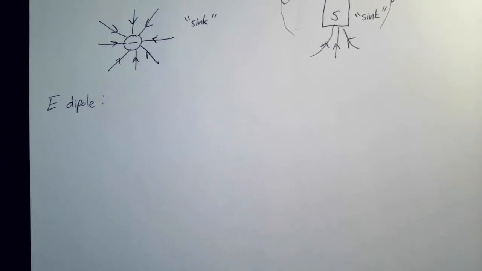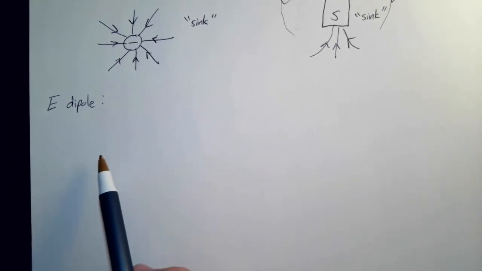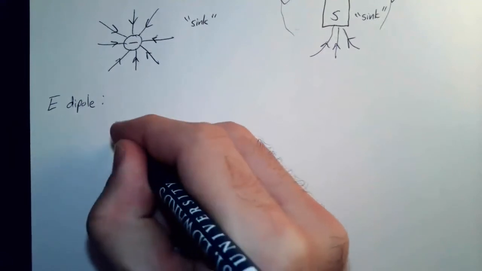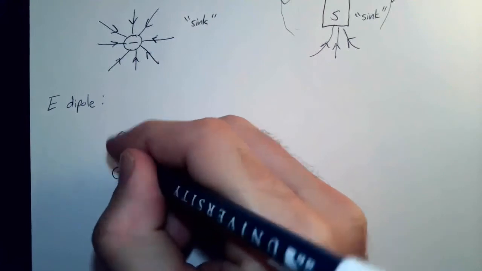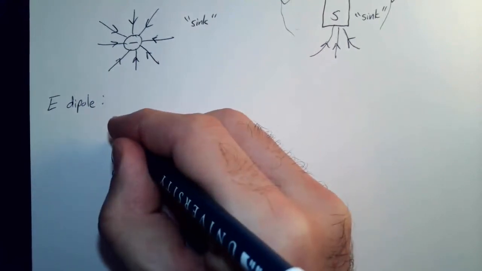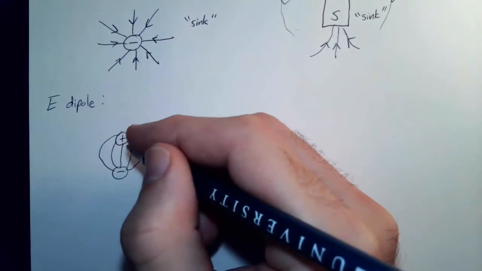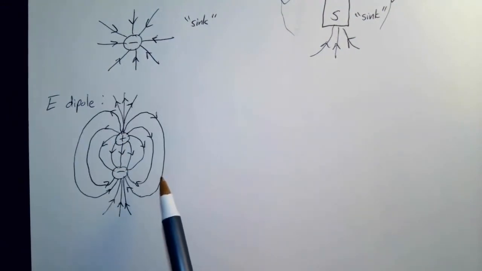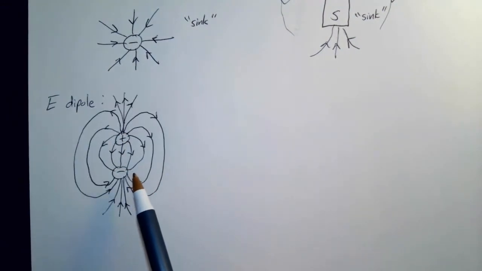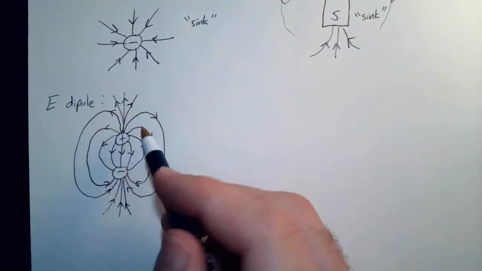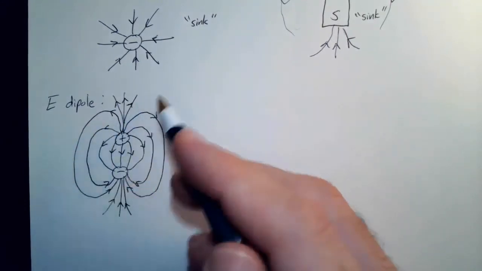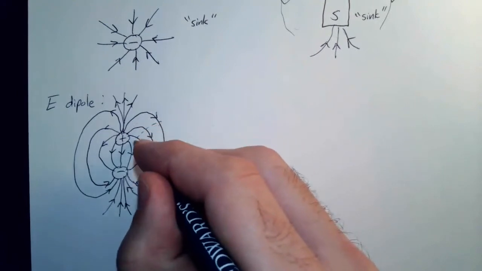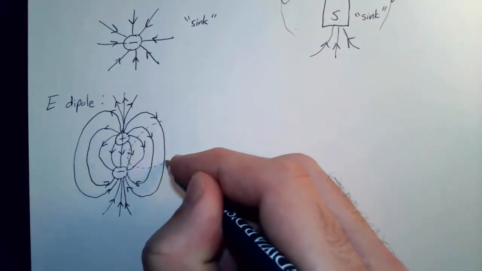With that in mind, let me talk about dipoles now. Let's say I have an electric dipole, which is a positive and a negative charge that are close together. And so I have the electric field lines between these. So here's the electric field pattern around an electric dipole. And as I discussed in the previous video, if I draw a Gaussian surface anywhere in here, let's say right here, remember, the shape of the Gaussian surface doesn't matter.